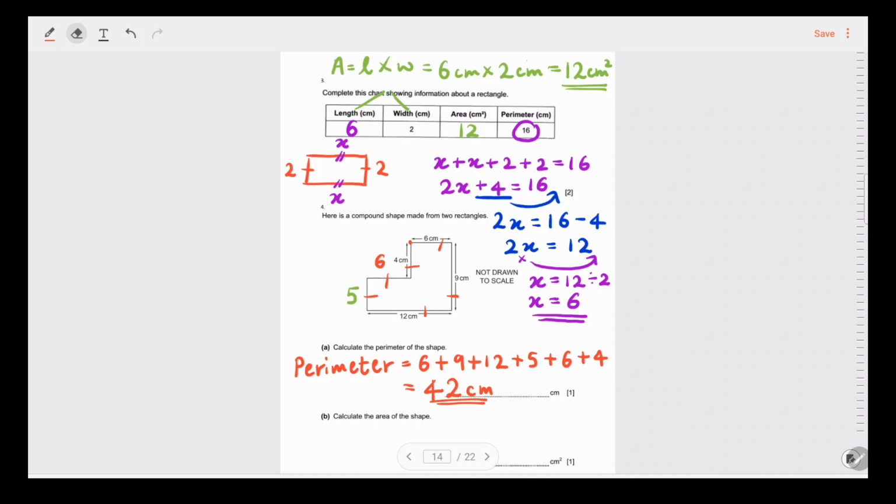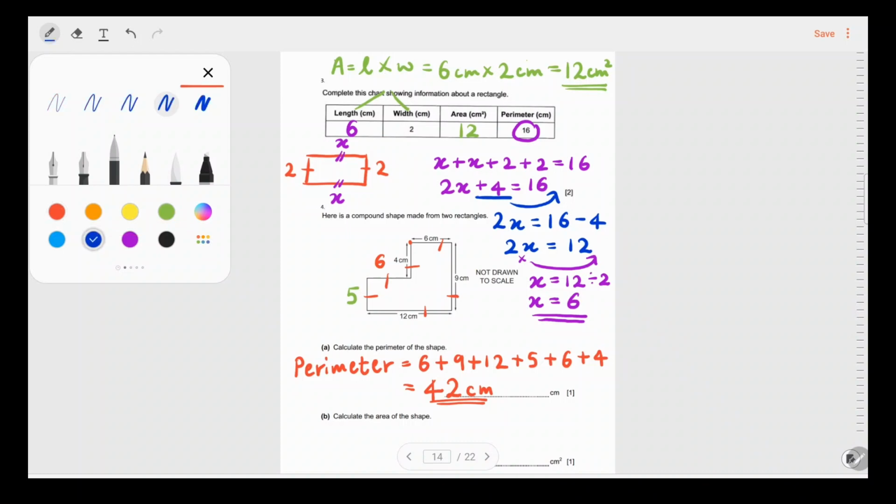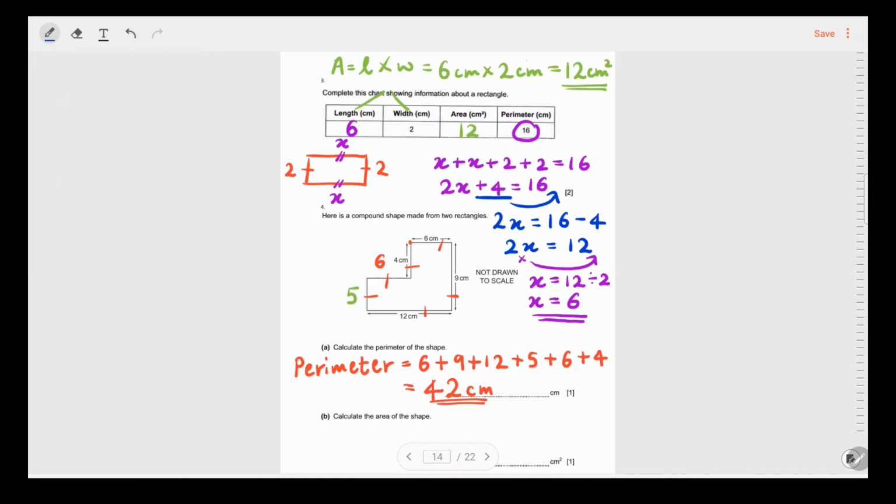The next part of this question is to find the area of the shape. Since this is a compound shape, we need to divide this into 2 parts. You can either divide it like that or like this, it doesn't matter.